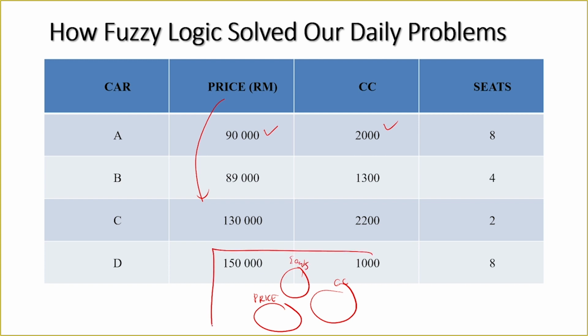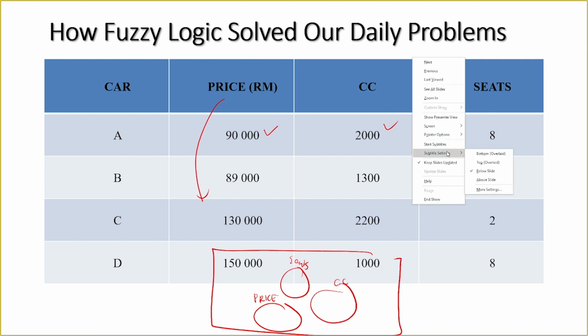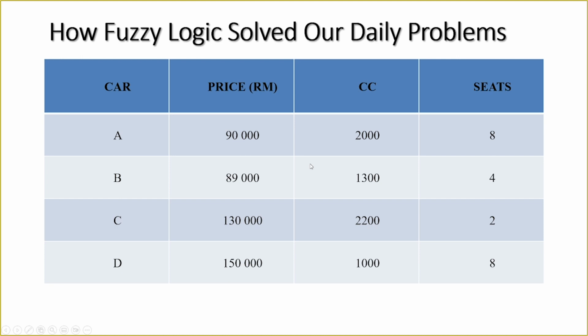So we have the X, for example, the universal set. For that purpose, basically we try to make things become fuzzy.